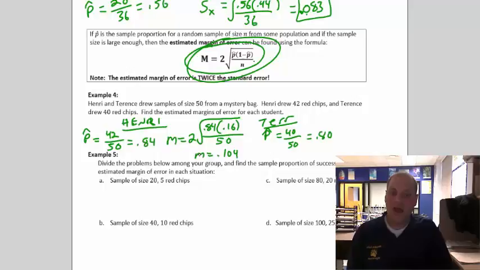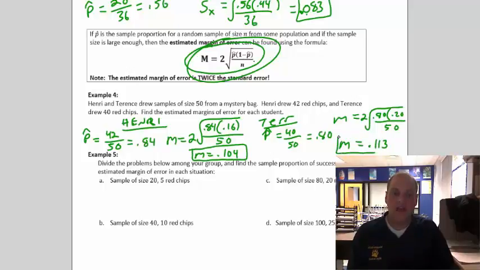So for Henry, his margin of error is 0.104. And Terry's margin of error: 2 times the square root of 0.80 times 0.20 divided by 50. So Terry's margin of error is going to come out to be 0.113.